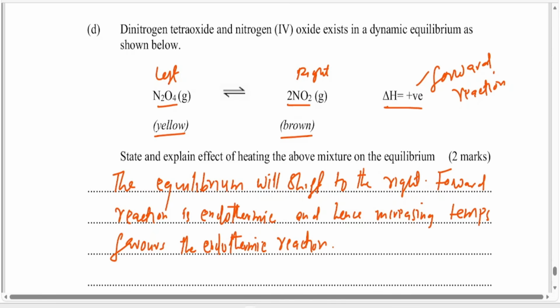And of course, the observation that will be made is that the brown color intensifies. This information is enough because we are just told to state and explain the effect. So mentioning the colors is not very necessary, but you can still mention it after you have already given these two statements.